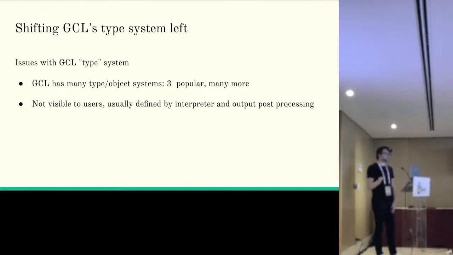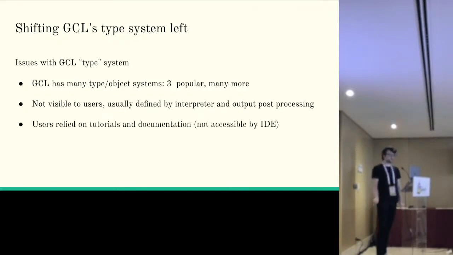It's usually defined in the interpreter, where two different parts of the interpreter that are supposed to do the same thing will do different things. If you use the code in one way versus a different way, the type system is different. And then a lot of the type system is done in output post-processing, when you get the output of the configuration.